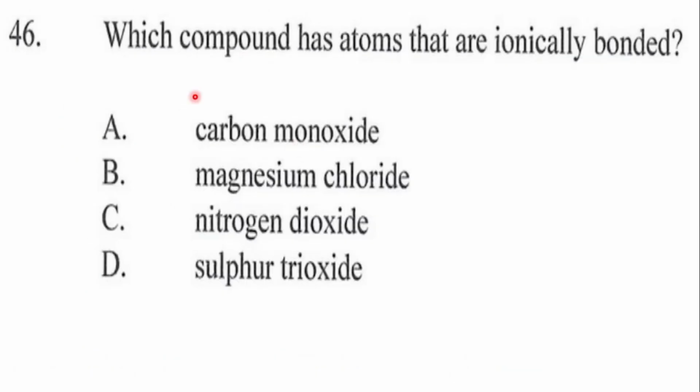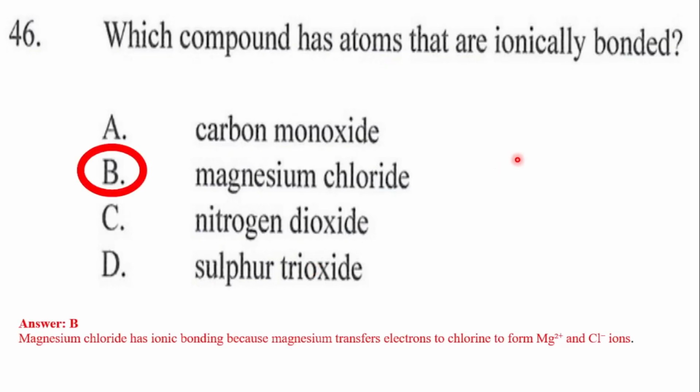Let's move on to question number 46, and it says which compound has atoms that are ionically bonded? Is it carbon monoxide, magnesium chloride, nitrogen dioxide, or sulfur trioxide? The correct answer is definitely going to be B, because we're talking about ionically bonded.